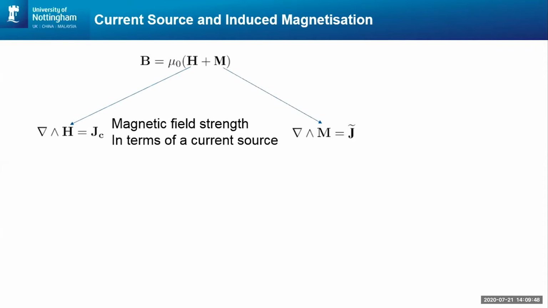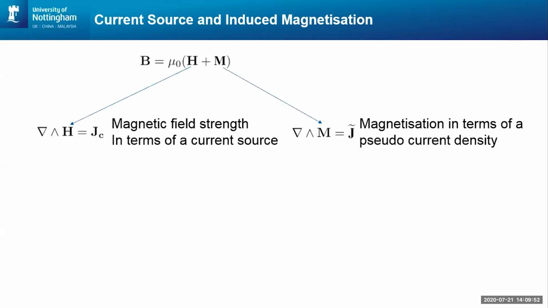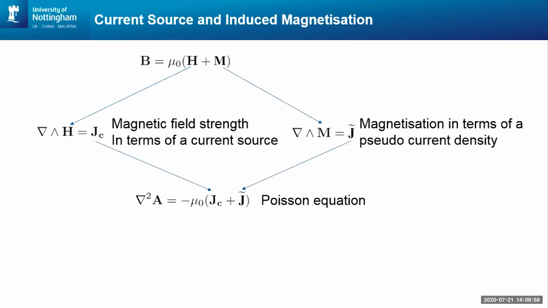And this magnetization can be cast into an equivalent pseudo current density J, and using the vector potential, that allows us to relate that to the Poisson equation, which has Green's function solutions for an arbitrary current density J, where J is both the initial current source and the pseudo-induced current density on the cylindrical shell.